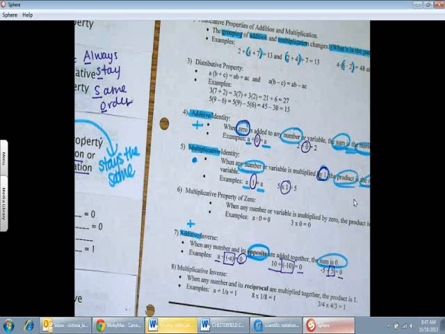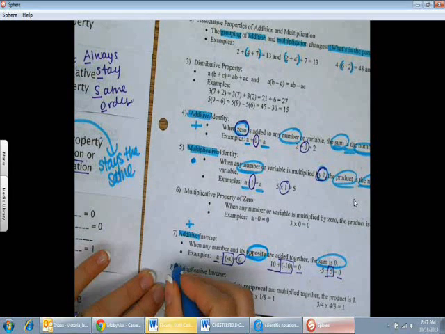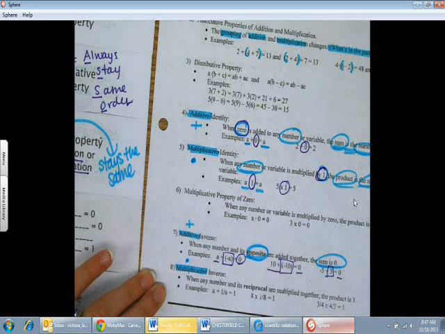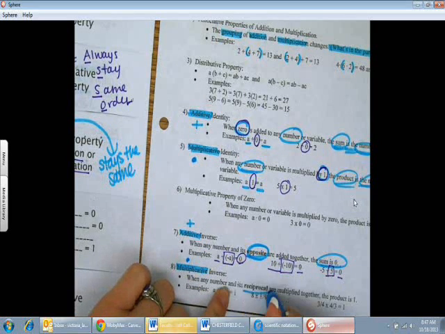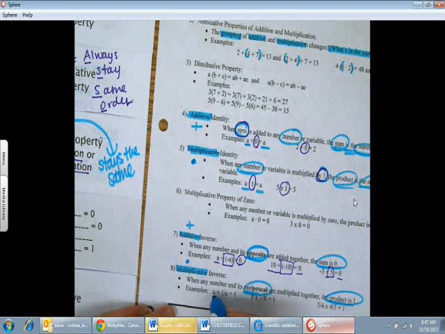Okay? And then when you multiply, the multiplicative inverse, which means multiply, when any number and its reciprocal are multiplied together, the product is 1. So for instance, a is the same thing as a over 1.